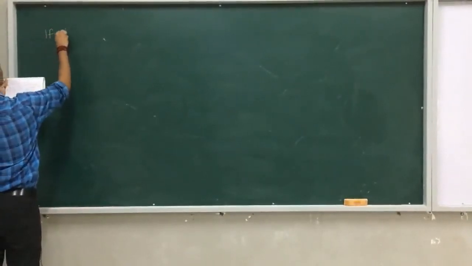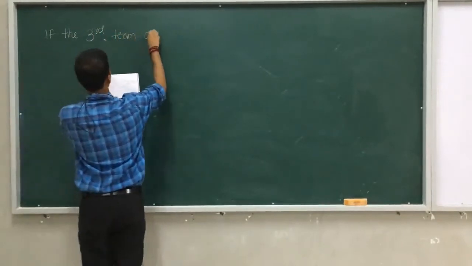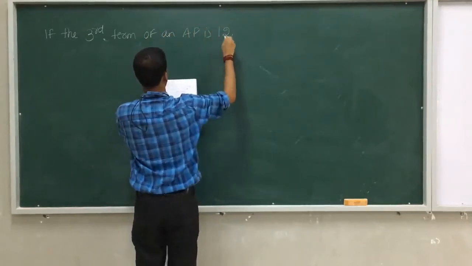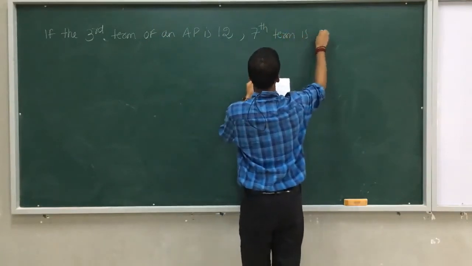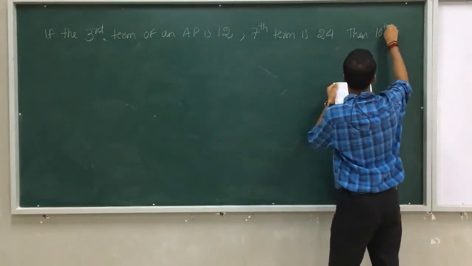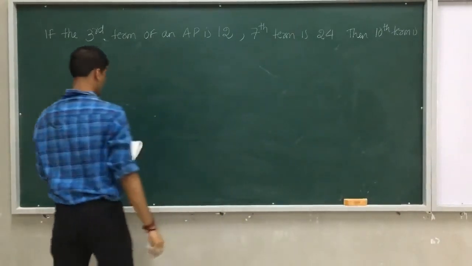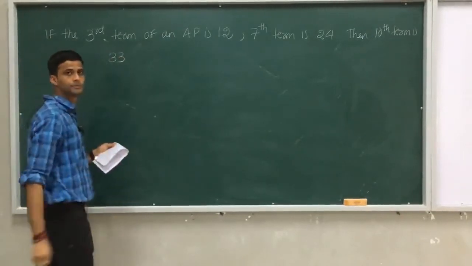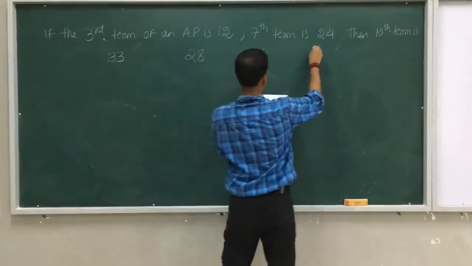If the third term of an AP is 12, seventh term is 24, then the 10th term is, they have given 33, 28, 51, 11.